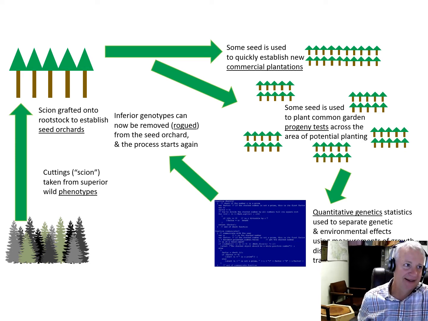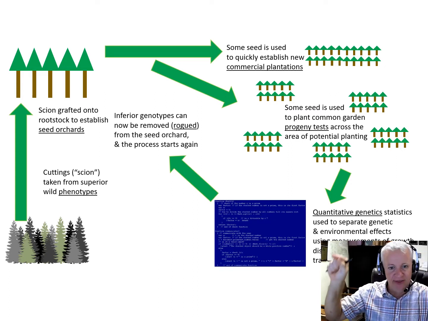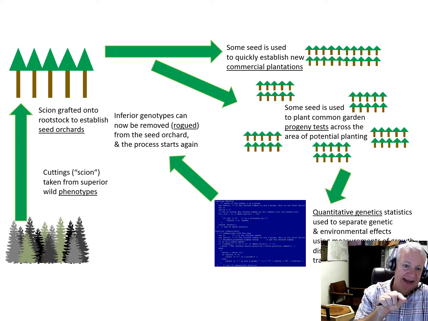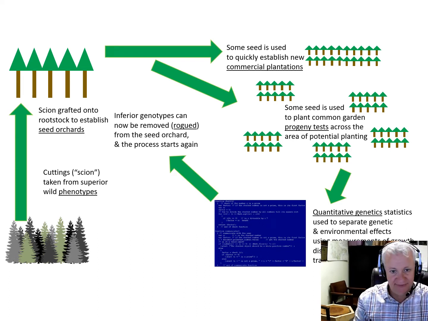We're roguing the seed orchard. That whole process, from selecting wild phenotypes all the way around through the cycle of testing and roguing, that is one generation. That's one full generation of improvement.